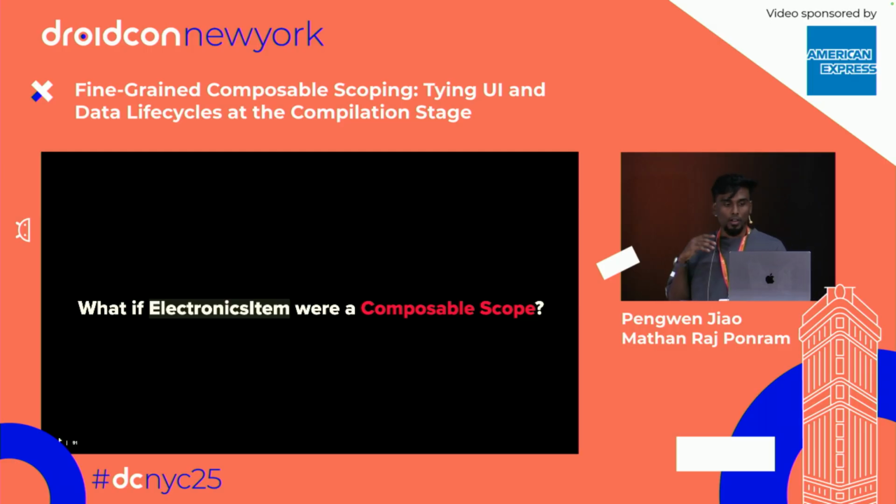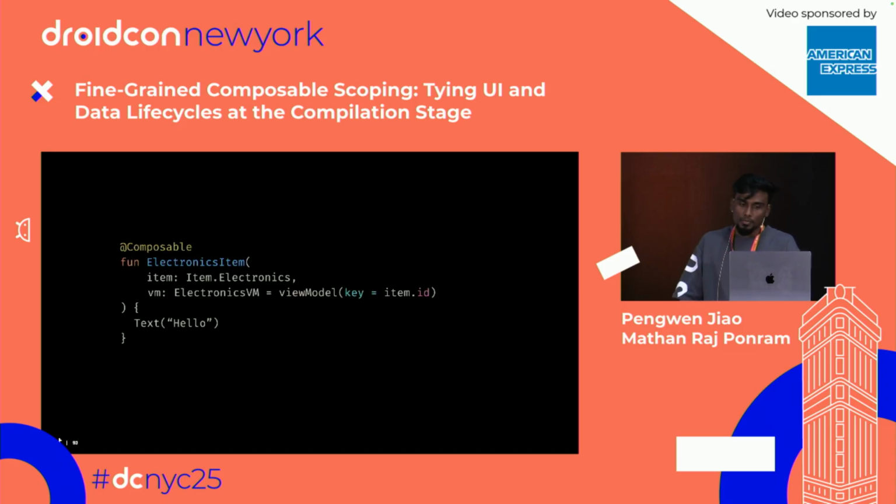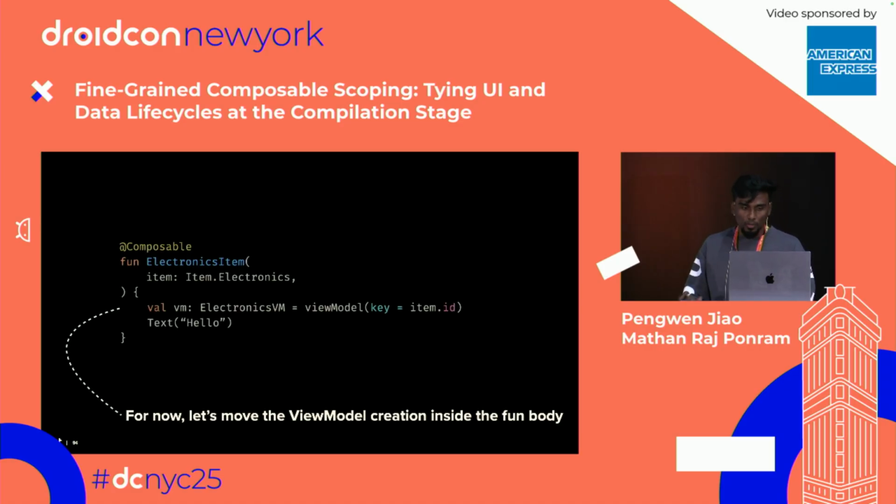So we were just virtually thinking of how to make the electronics item composable, right? Let's just make it a reality. So let's say this is the electronics item composable, right? For now, let's just move the view model creation inside the function body. Why we are doing it, we'll probably explain later, right?